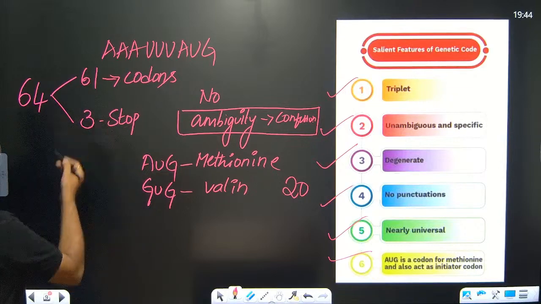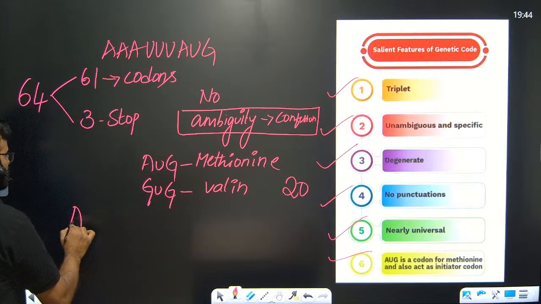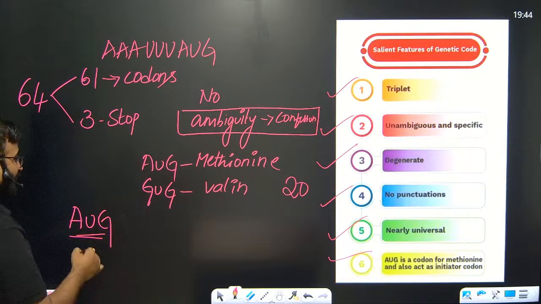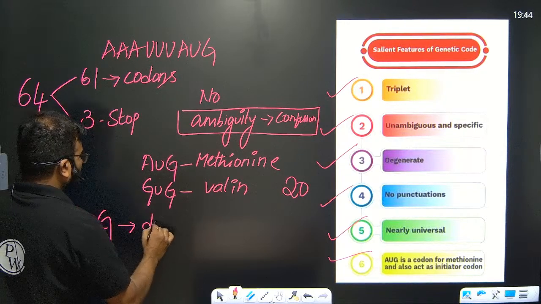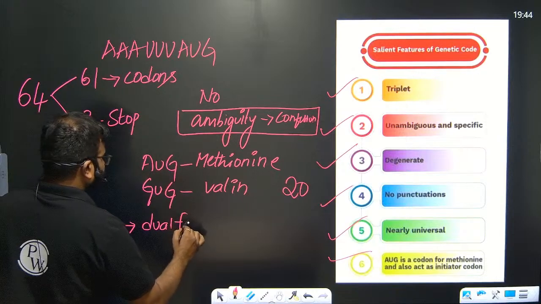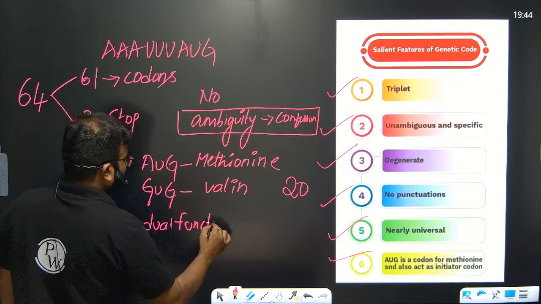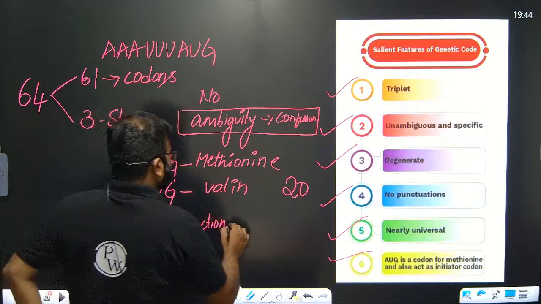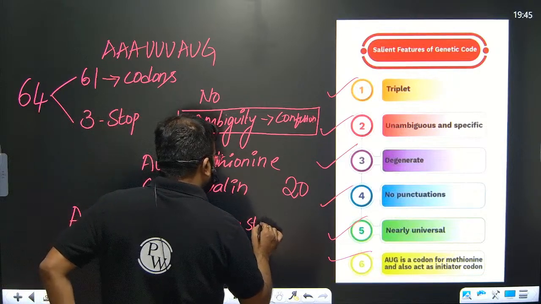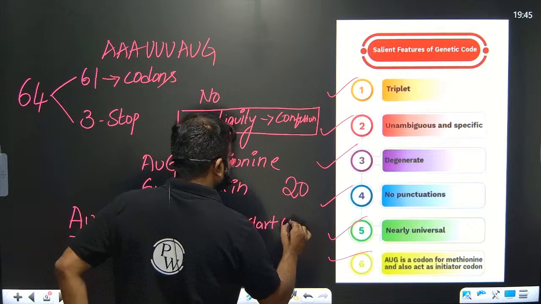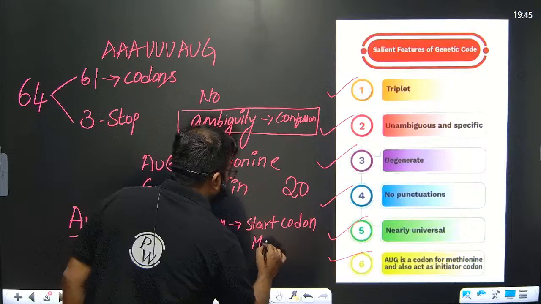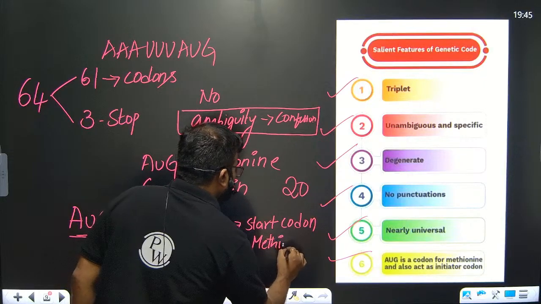In these 61 codons there is a particular codon called AUG which has a dual function. It acts as a start codon, and it also adds an amino acid called methionine.